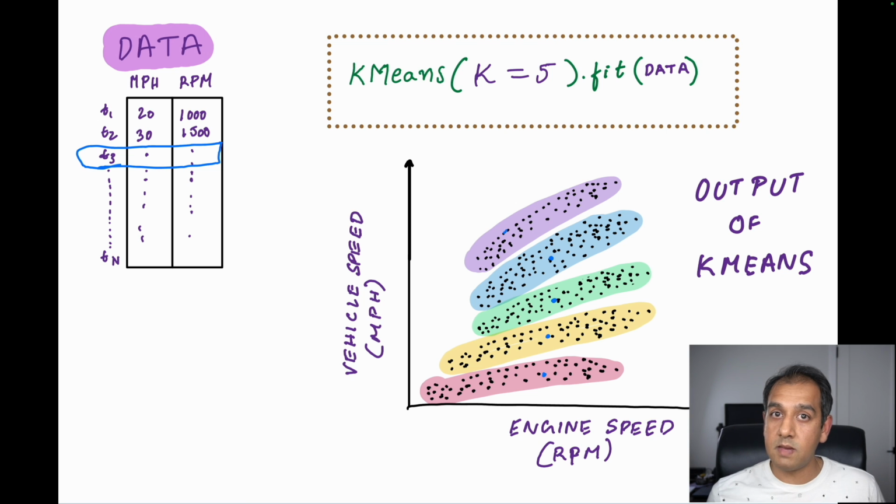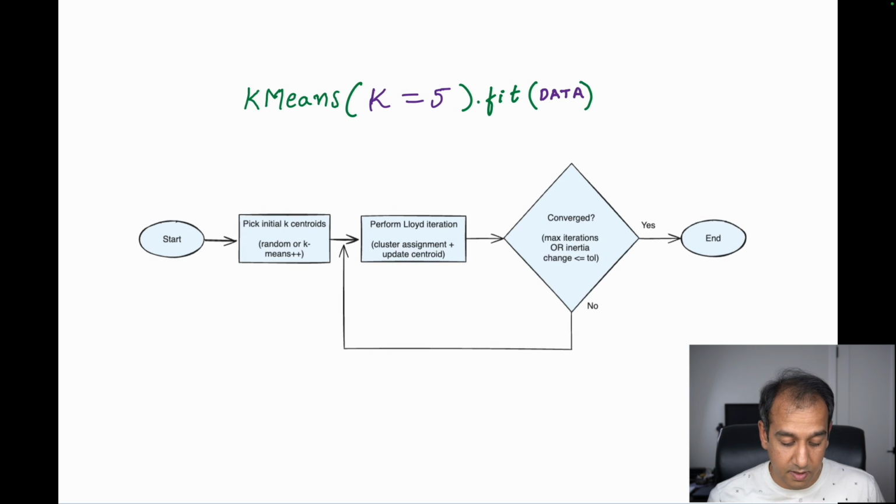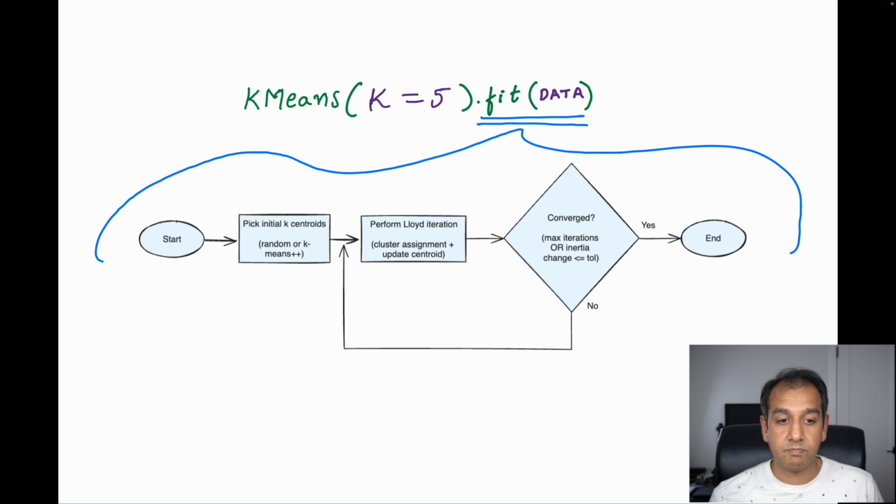So how does k-means clustering really work? When you call the fit function this way, it executes an algorithm that's pretty straightforward and looks like this. First, it'll find initial centroids within your data set, and we use a method called kmeans++, which means that the initial centroids are not fully random. It ensures that they're not all lumped together next to each other, but you get some initial centroids that are not yet the right centroids.